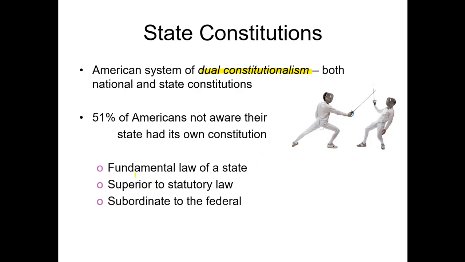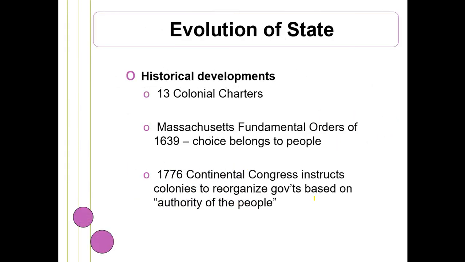And much like the U.S. Constitution, it's the fundamental law of that state, and it's superior to any statutory law. Those are laws that are passed by the state legislatures. But again, according to the U.S. Constitution, which is the supreme law of the land, the state constitutions are subordinate to the federal constitution.